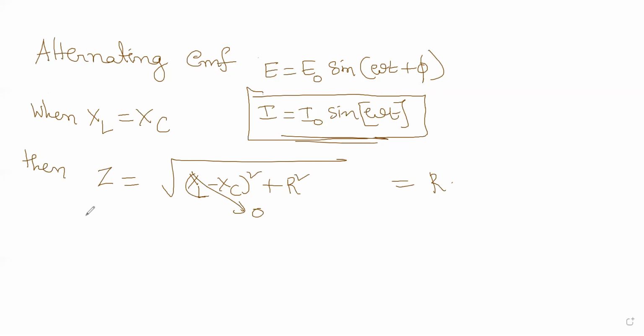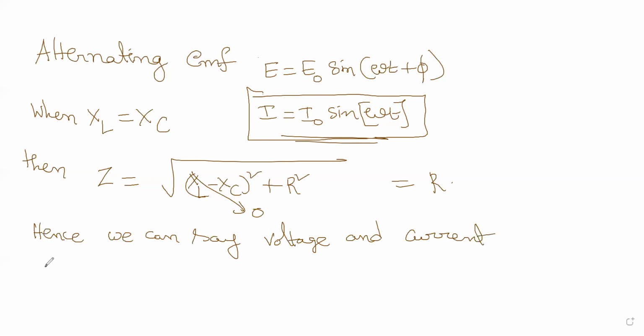So in this situation, hence we can say voltage and current are in same phase, as phi is equal to 0.